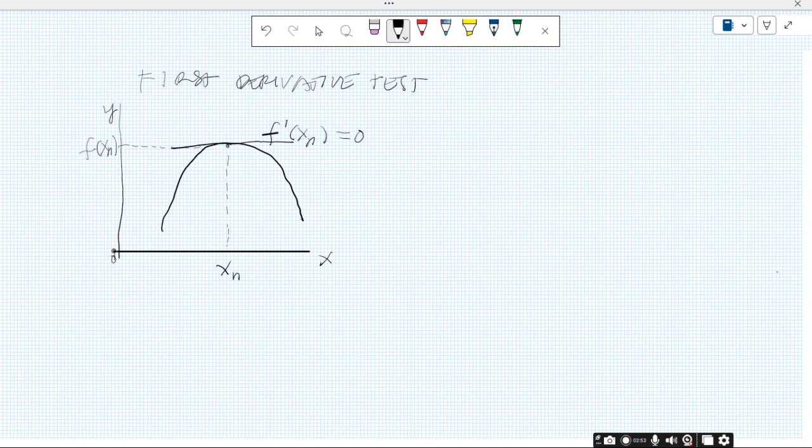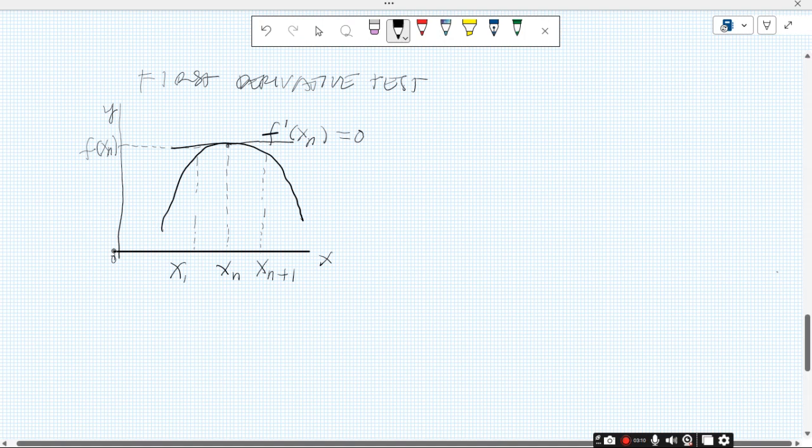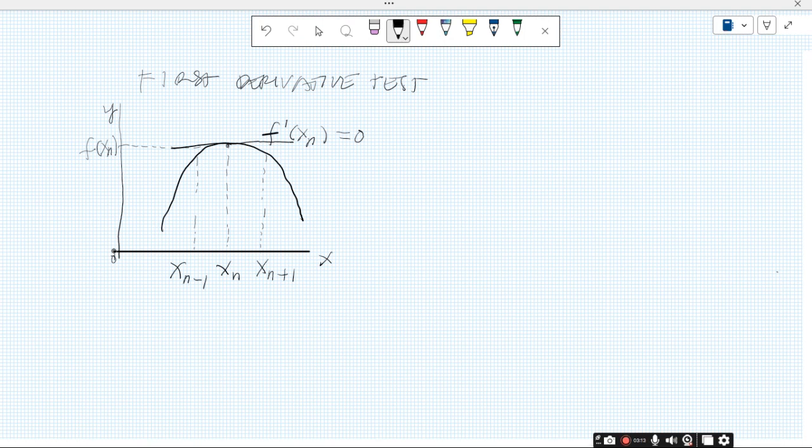Now let's examine the derivatives to the left and right of the point xn. To the right, let us agree on the point xn plus 1, and to the left, let's assign it as xn minus 1. Here we also have a function value at those points.